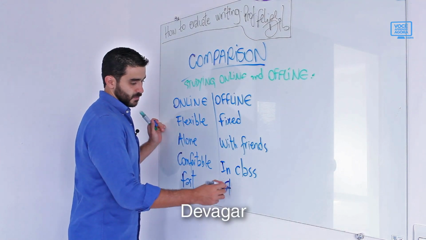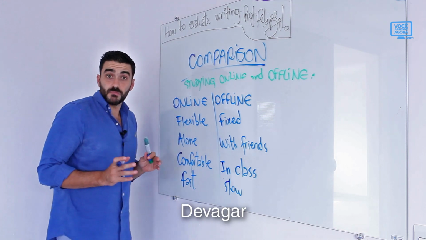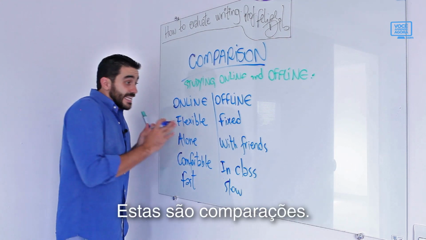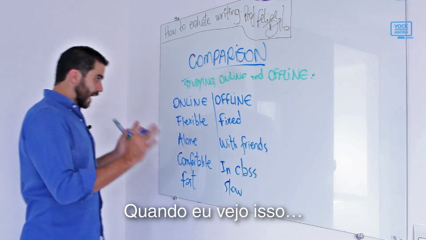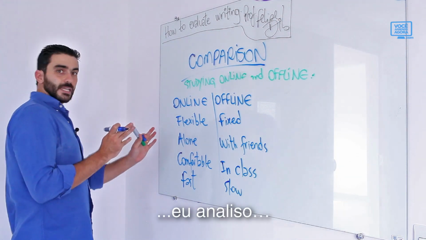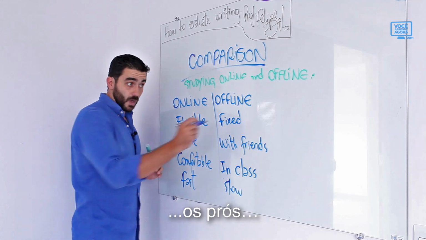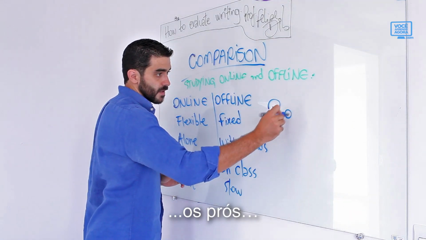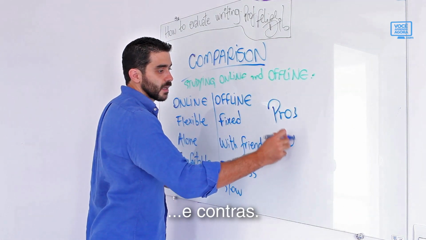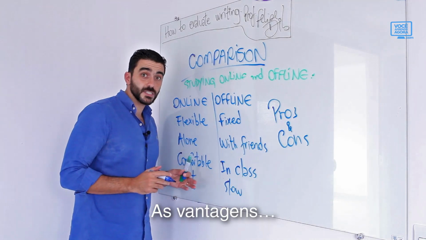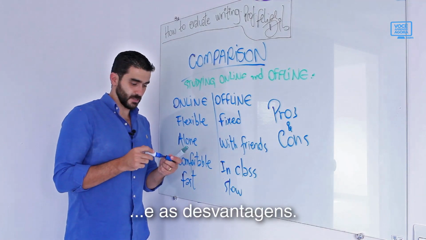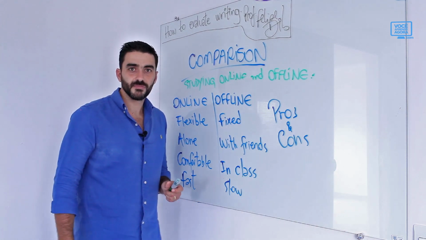Offline, slow. These are comparisons. When I check this, I analyze the pros and cons, the advantages and the disadvantages. All right?